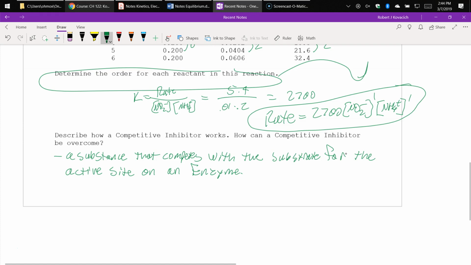So whenever the inhibitor is engaged with the enzyme, then the enzyme can't do its job, and so the whole reaction slows down. And then how do you overcome it? Let the substrate be something the enzyme can work on.